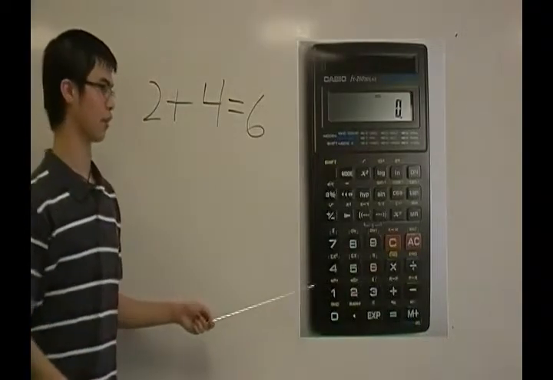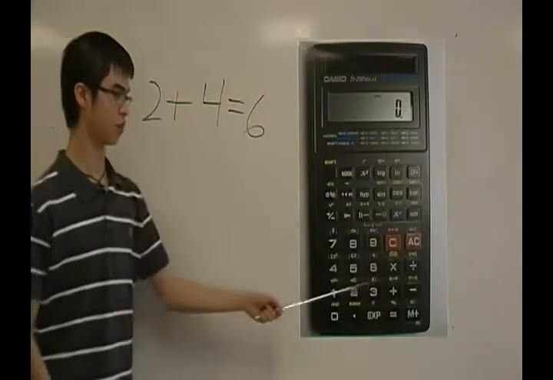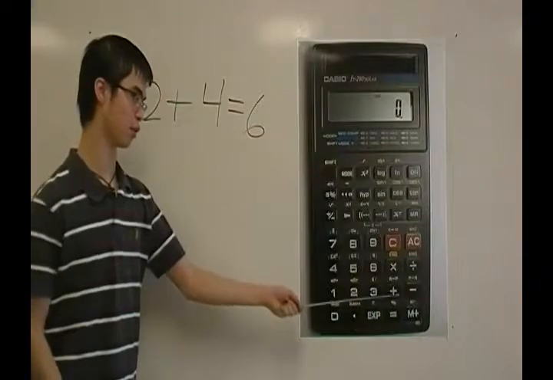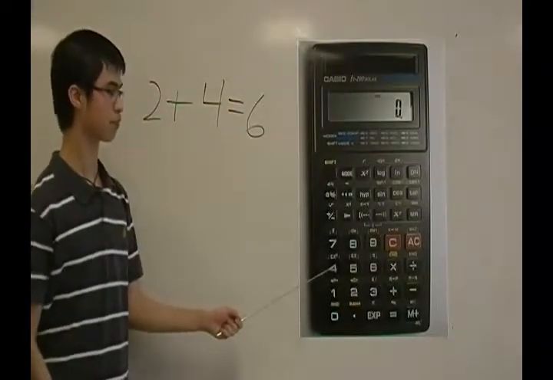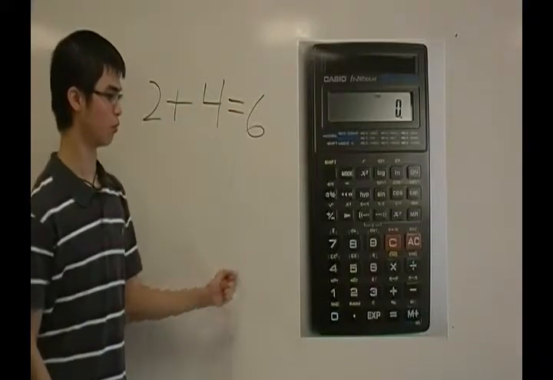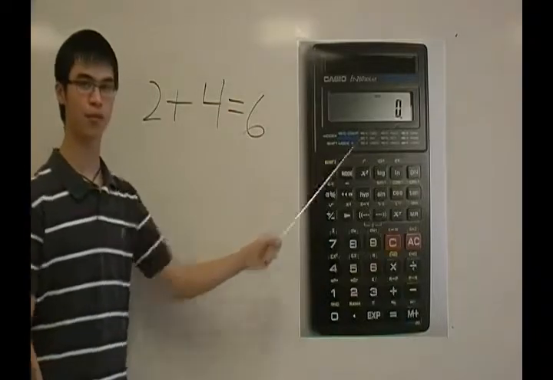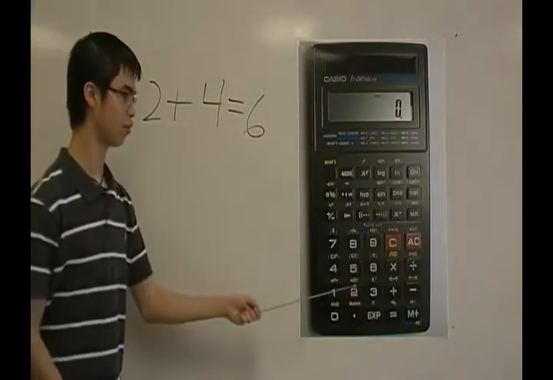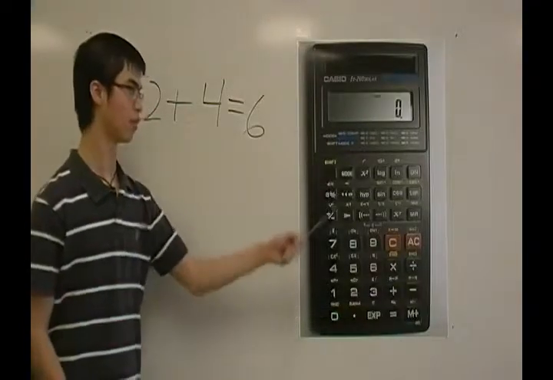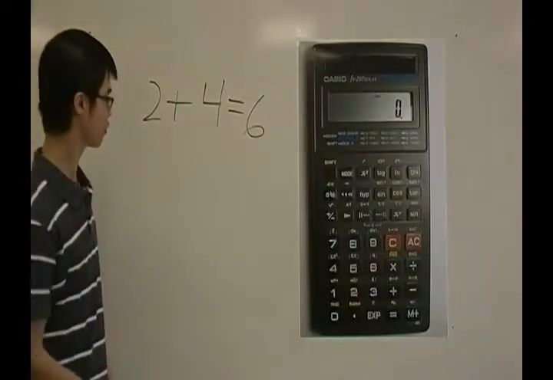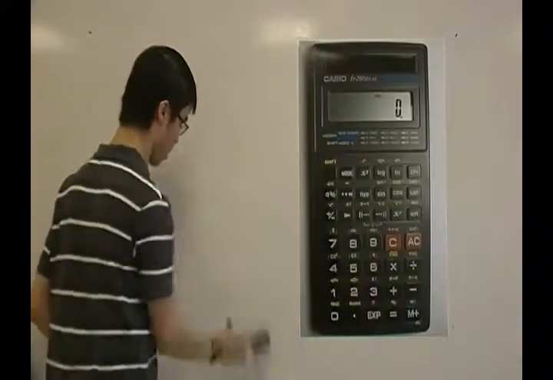To do this on the calculator, what you need to hit first is 2. Then hit the plus symbol, or the addition symbol, which is that right there. Then you hit 4. Then you hit the equal button, which is this right here. And you'll come out with 6. So, it's 2 plus 4 equals 6. Alright, let's get started on the next math problem.